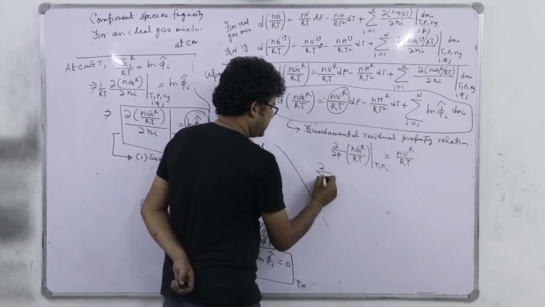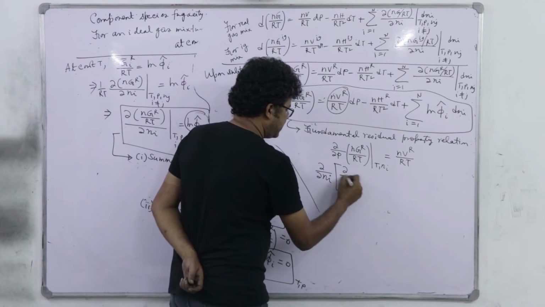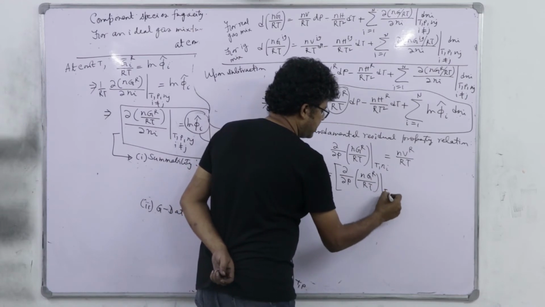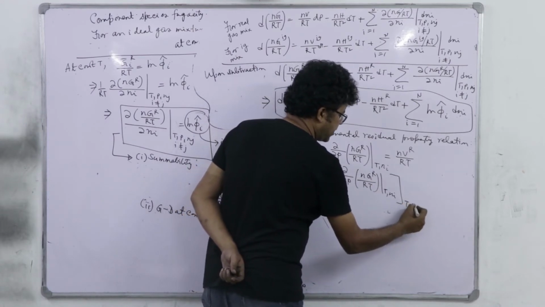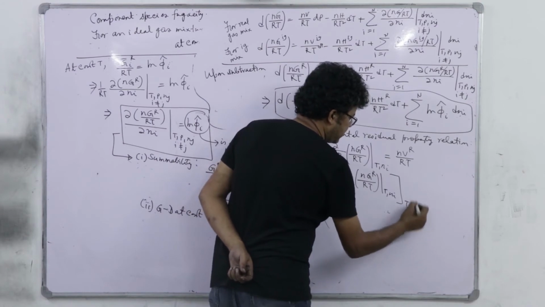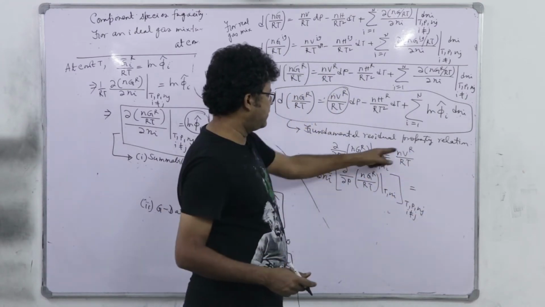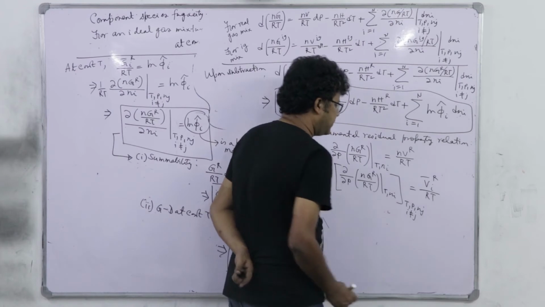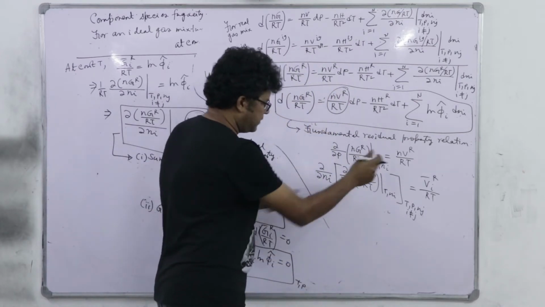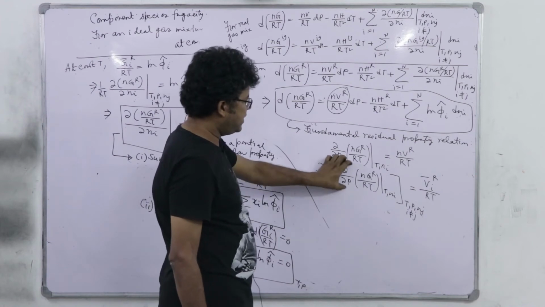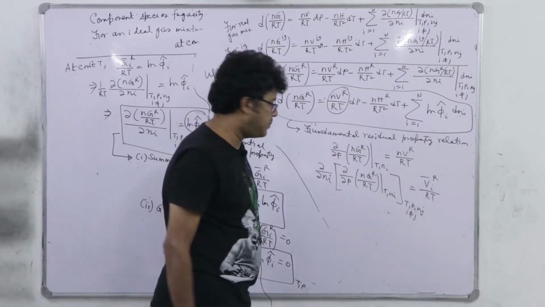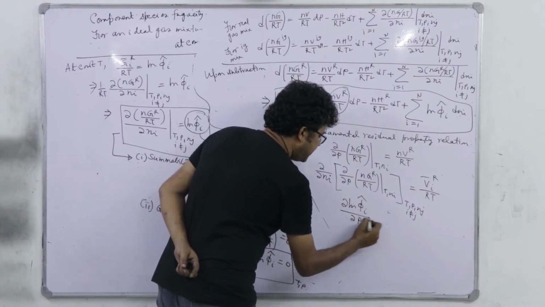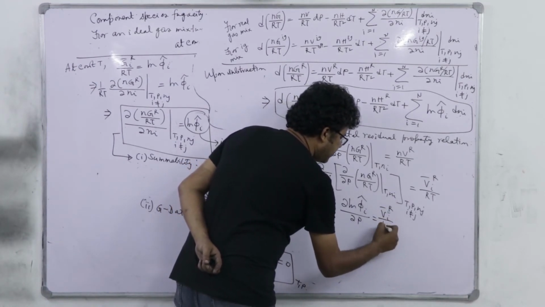Now, we operate it with del del ni, and this outer derivative has the condition T, P, nj constant (j not equal to i). So, if we take the derivative of this term with respect to ni, it will be Vi bar R by RT, the partial molar residual volume. Now, if I interchange the order of the derivatives, del del P here, del del ni here, the conditions also flip. So, we can write del of ln phi i cap, del P, equal to Vi R bar by RT.